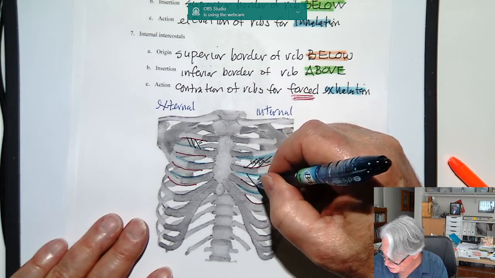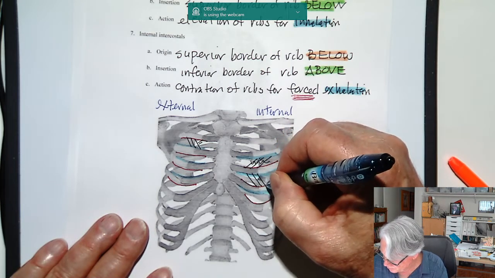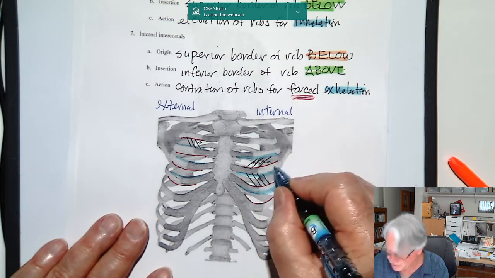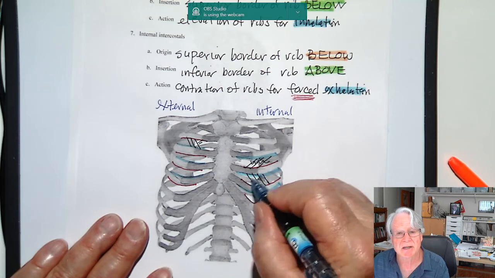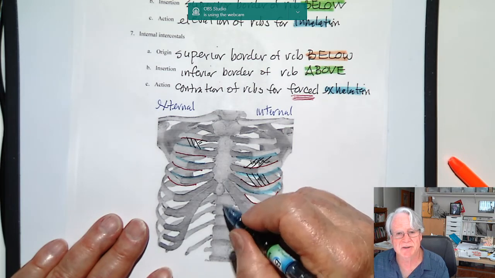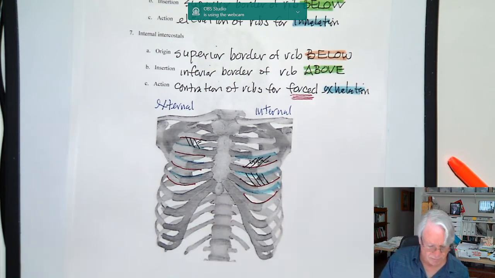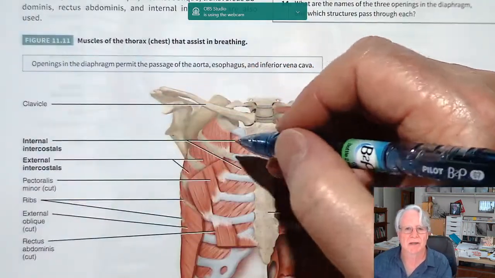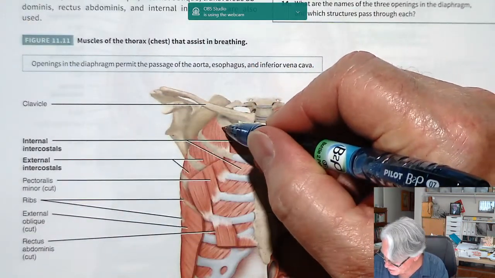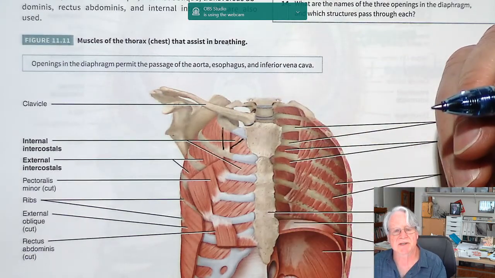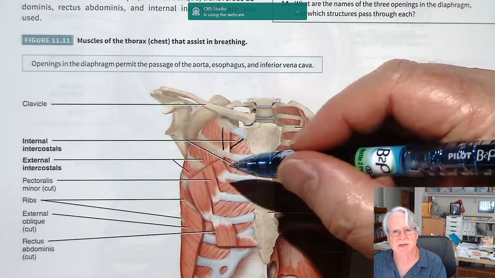It's going to be actually this pattern here, because this is the internal. I forgot this was the internal side. So the external would be going this way towards the center of the body. Hope I didn't confuse you. Okay, so this is going from here to here in that direction, and that's going in this direction. They crisscross each other. And the same would be on this side.